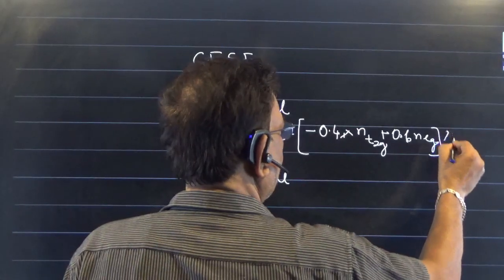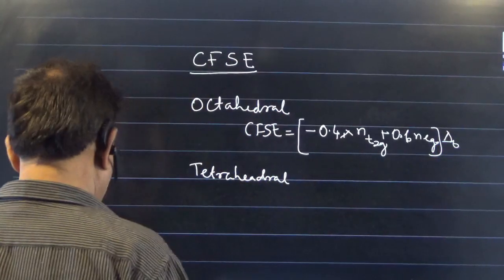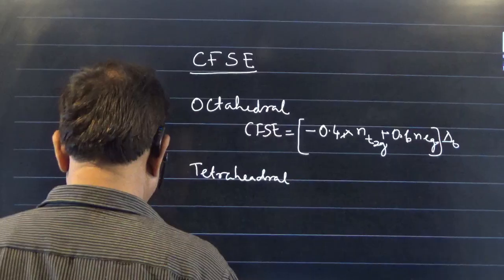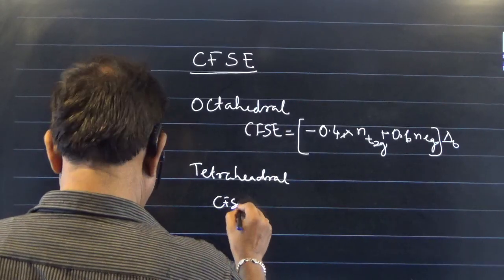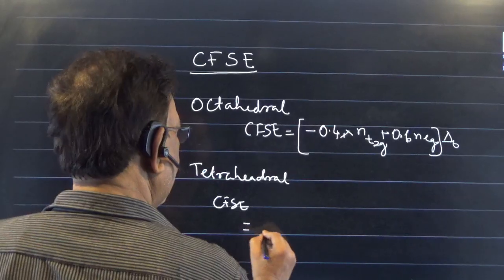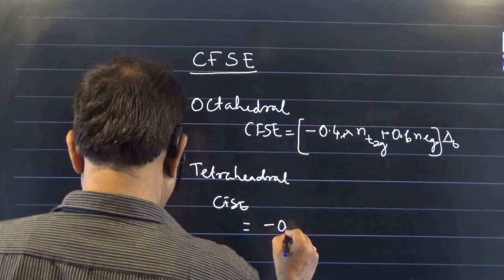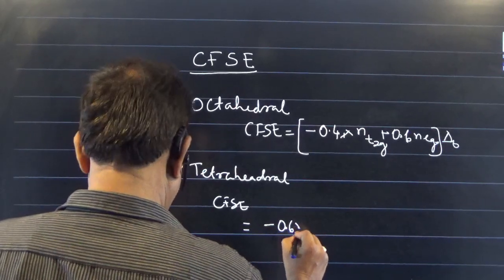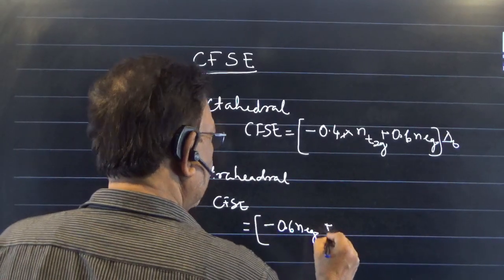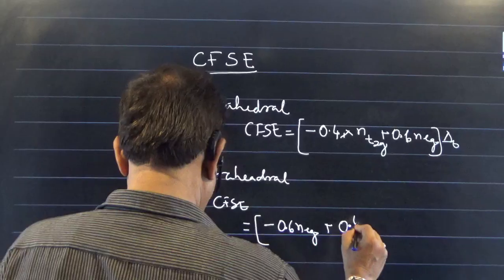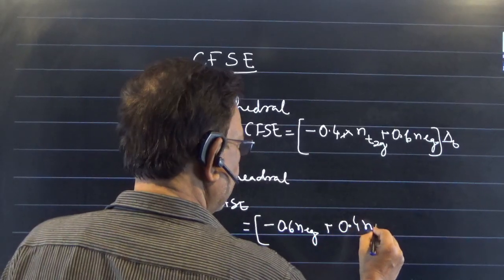That is octahedral. For tetrahedral, crystal field stabilization energy is minus 0.6 into N in Eg plus 0.4 into N in T2G.